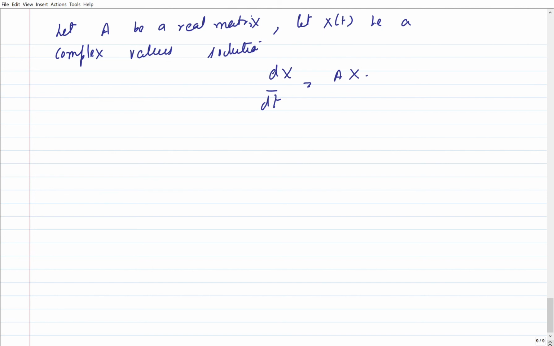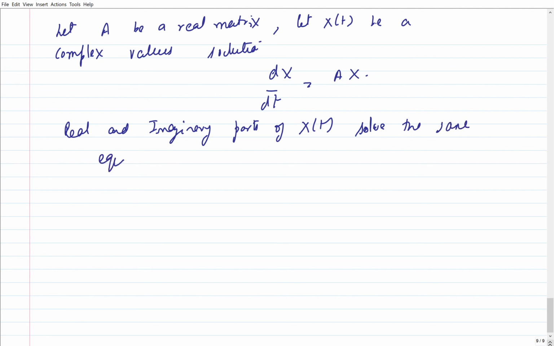Well, the idea is that the real and imaginary parts of x of t solve the same equation, just like we saw for the scalar case. Same equation.